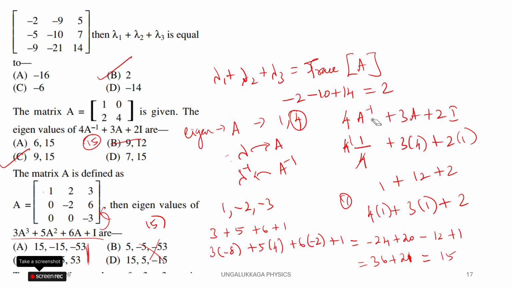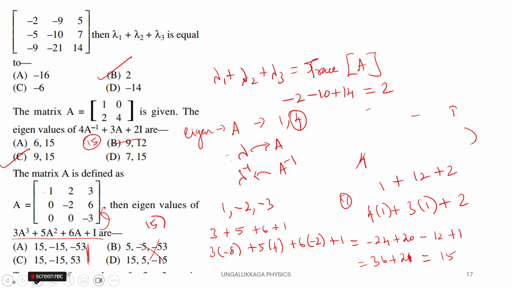For the third eigenvalue, we have 3 into 27 with a minus sign, so minus 27, plus 9 fives are 45, and 6 into minus 3, which is minus 18, plus 1.